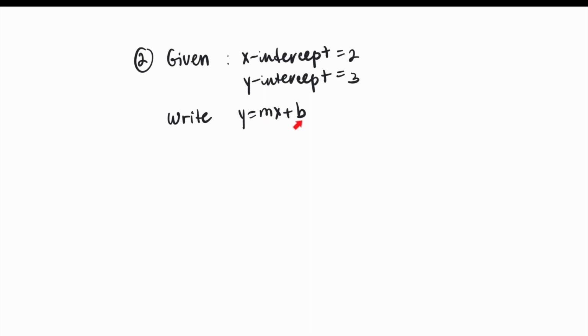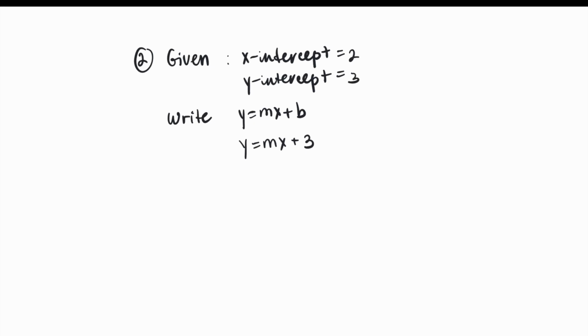M is the slope and b is the y-intercept. Well, good news is the y-intercept is actually given to us. It's 3. So right away, I can write my equation as y equals mx plus 3 because b is the y-intercept.